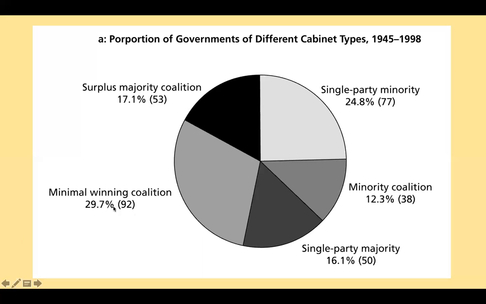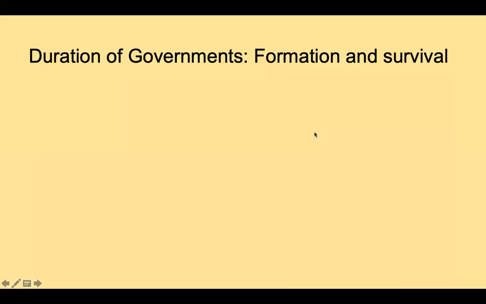Almost 30% or 92 cases in the data set match this type. The second most common type is the single party minority, and that's about 25% or 77 cases. The third most common type is the surplus majority. The fourth most common type is the single party majority, and then the fifth most common type is the minority coalition. And this gives you then a good sense of just how common different types are.